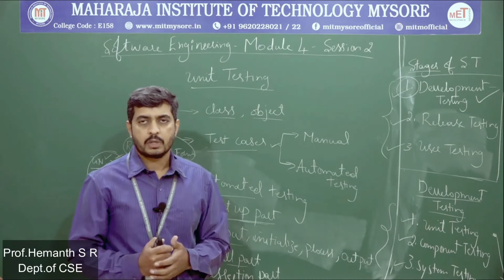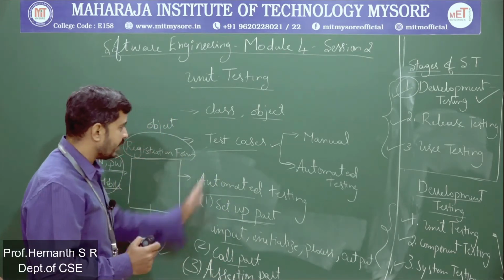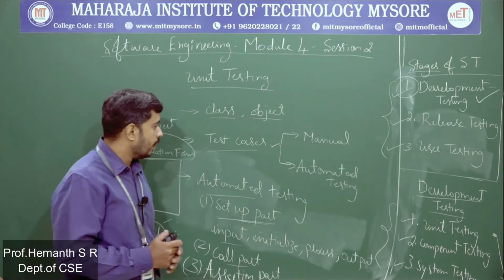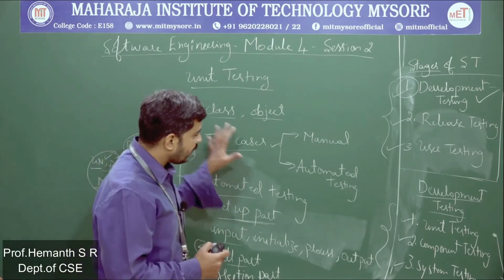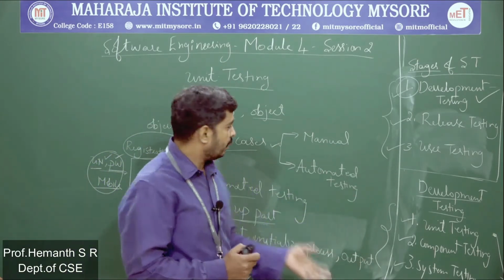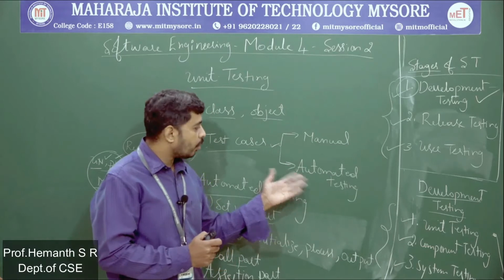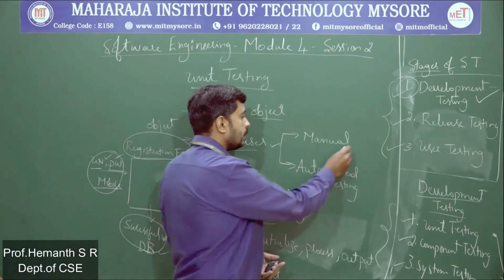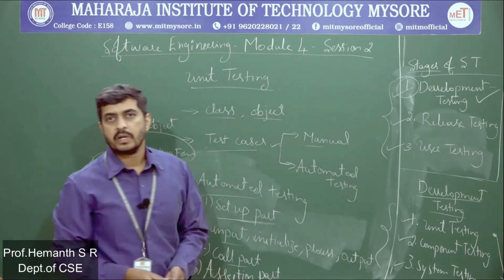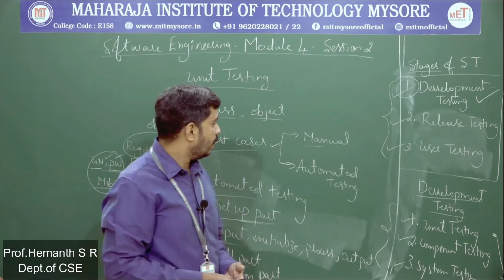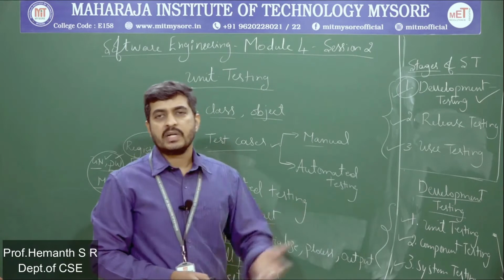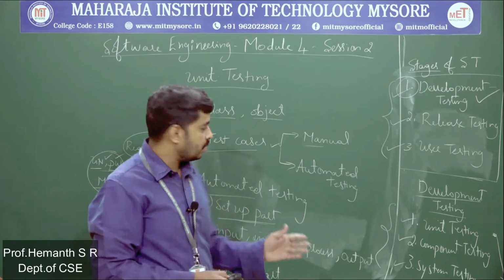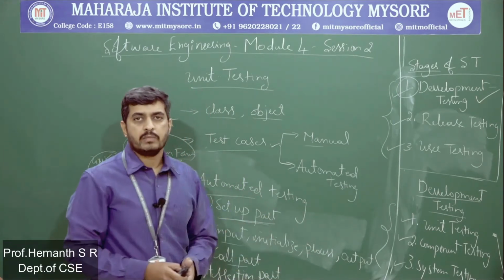All this is specified in a test case. We also understood that testing can be done manually or in an automated way. Manual testing is labor intensive and time consuming. Instead, we can use automated tools which will do the task in less time.